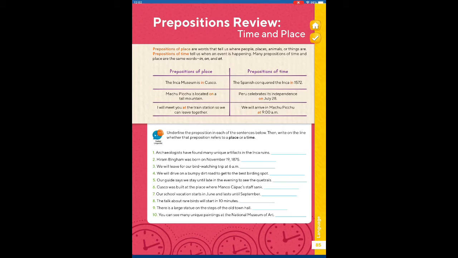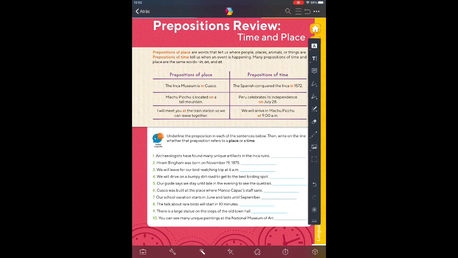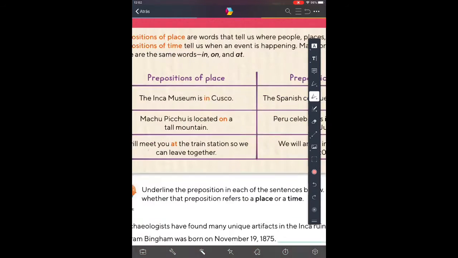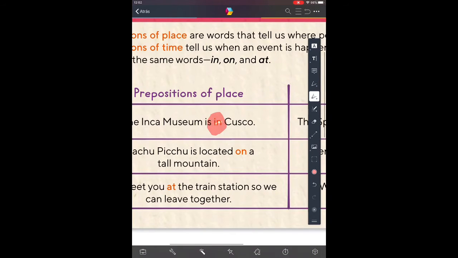Okay, so we have 2 examples here: prepositions of place and prepositions of time. So, prepositions of place. The Inca Museum in Cusco. Can you see? I have my preposition here. And then I need to continue reading, and I see that it says Cusco. So it's talking about a place.